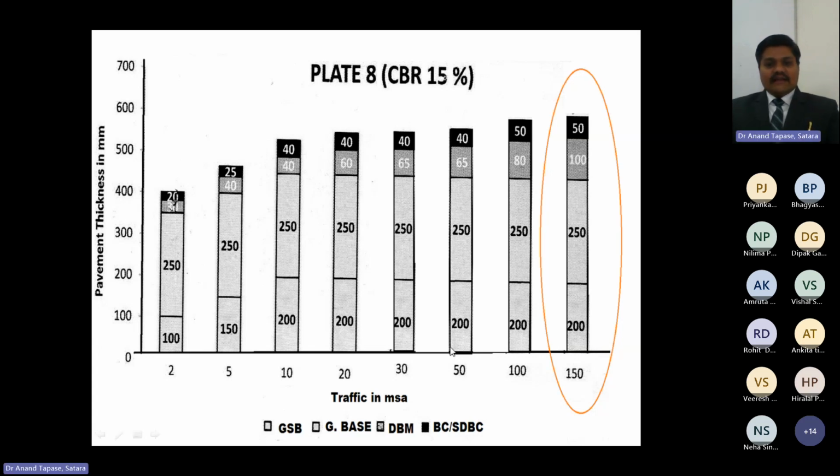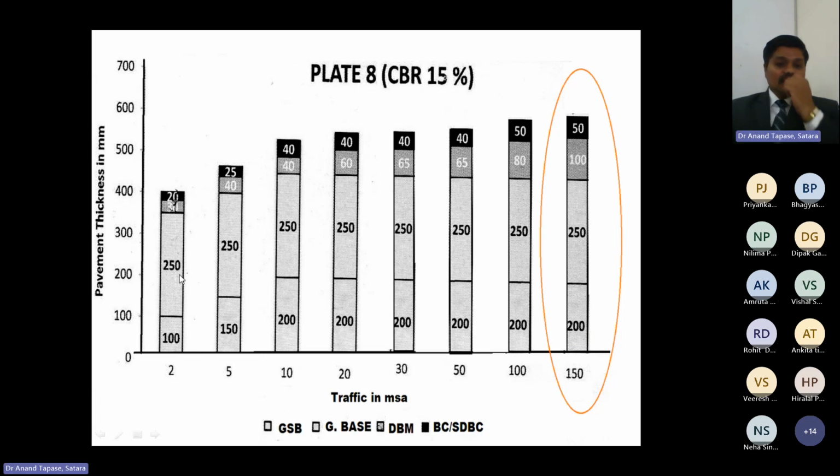What this chart indicates is, if the traffic intensity is 2 MSA, and if there is a traffic intensity of 150 MSA, what is the difference in the thickness? We can observe that when there is a low traffic intensity, the thickness of the subbase layer should be 100, but at the same time, the thickness of the subbase layer should be 200.